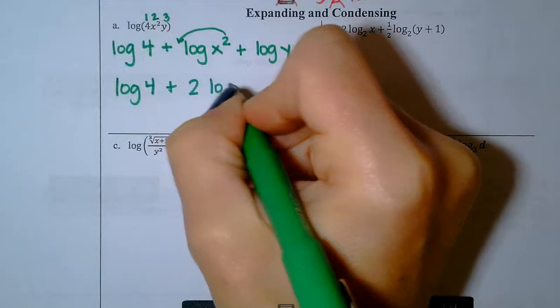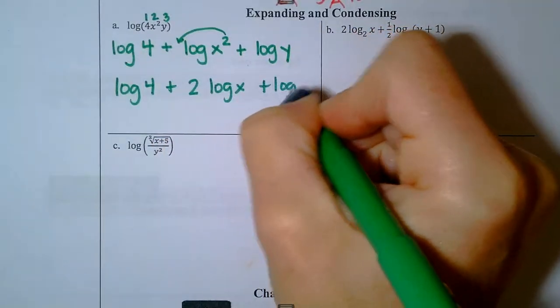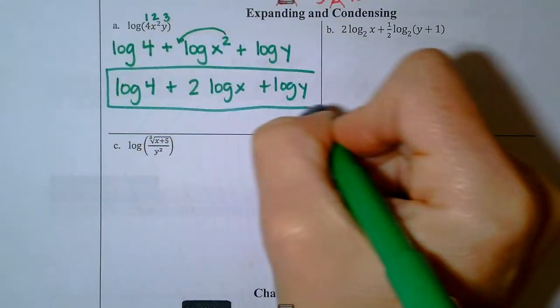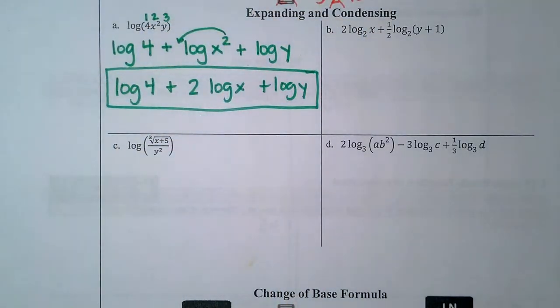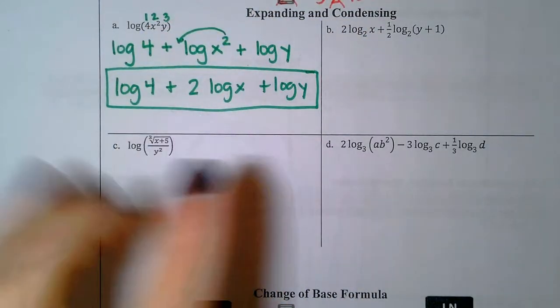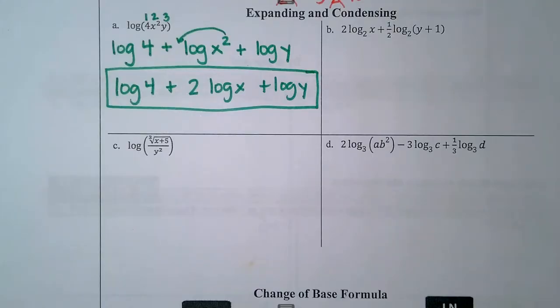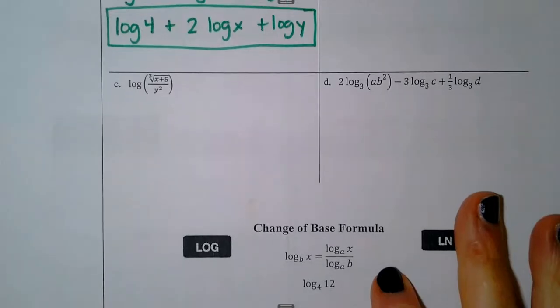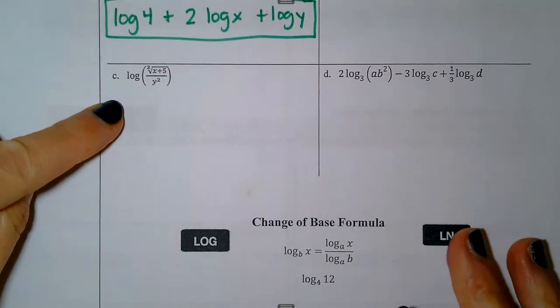It would become 2 log of x plus log of y. And you can only write it out when all the logs are the same. Do you remember that little rule? Okay, next one, I'm going down to C.